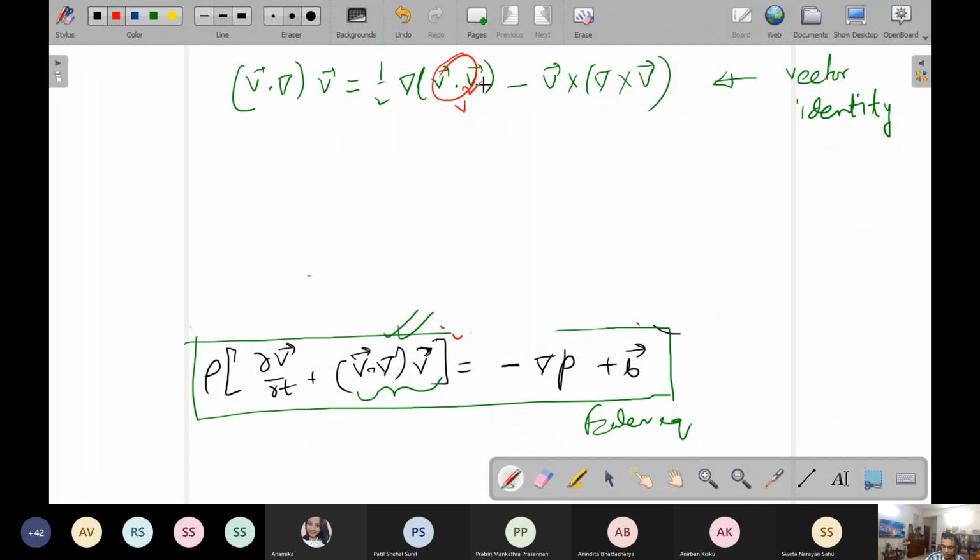So you can therefore write this equation. So this one plus v. So this is just another way of writing the Euler's equation.